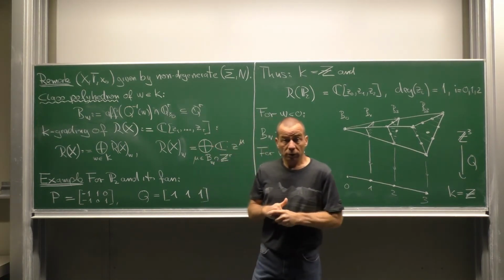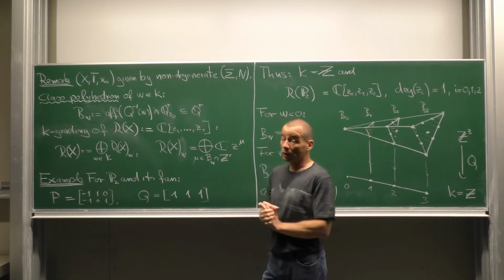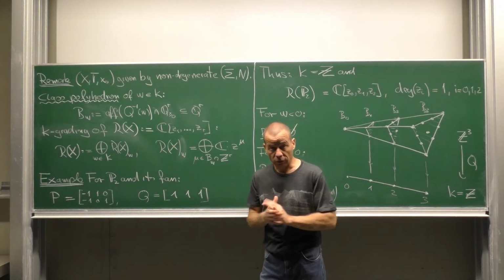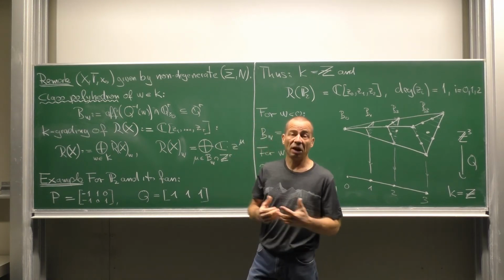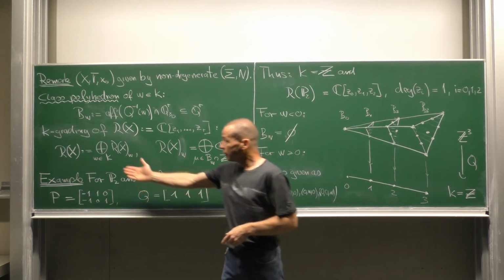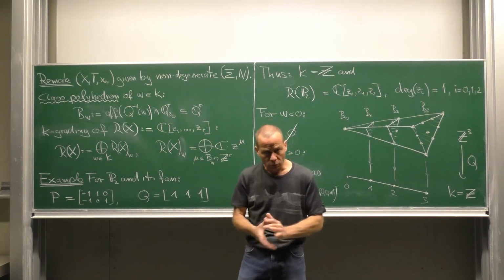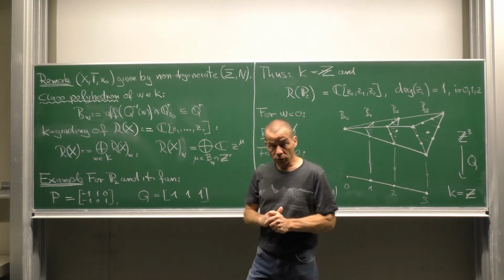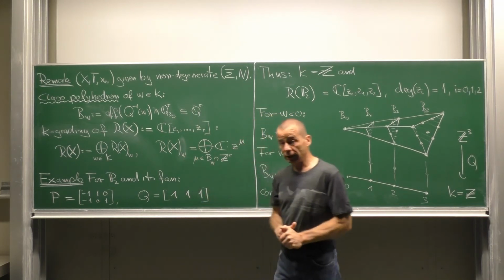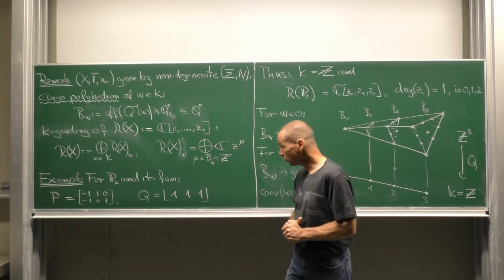Now the class polyhedron B(w) helps to understand the grading of the homogeneous coordinate ring. As any graded ring, it is the direct sum over its homogeneous components. And the homogeneous component of degree w looks as follows.